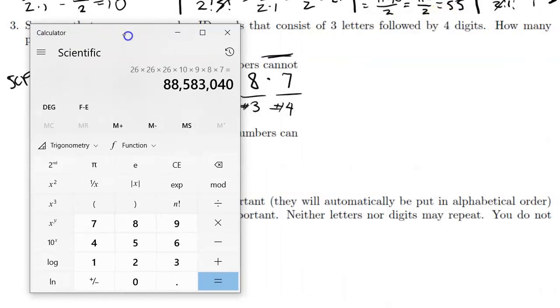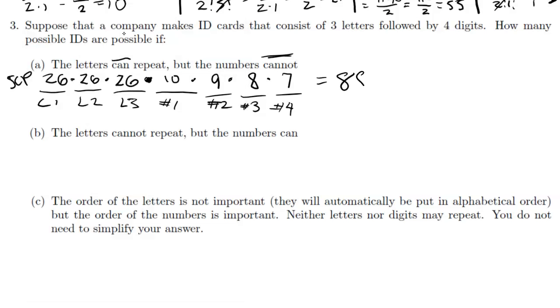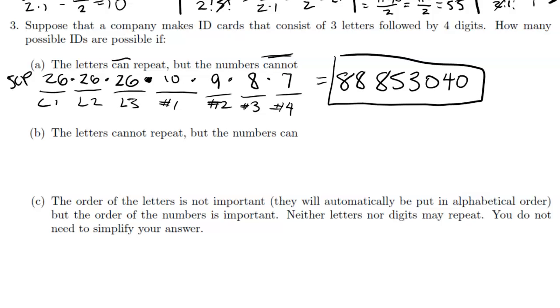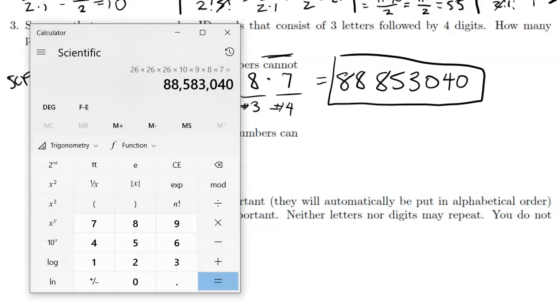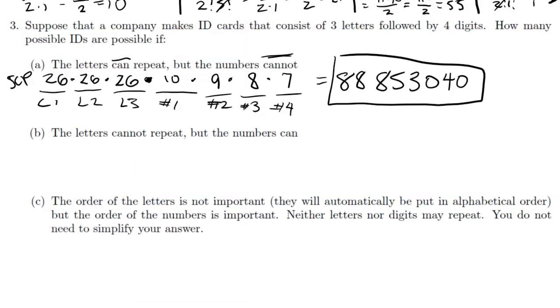So we've got 88,853,040. So over 88 million possibilities, which is pretty good. Because for ID numbers, you'd want lots and lots of different possibilities so you can create unique ID numbers for every single person.